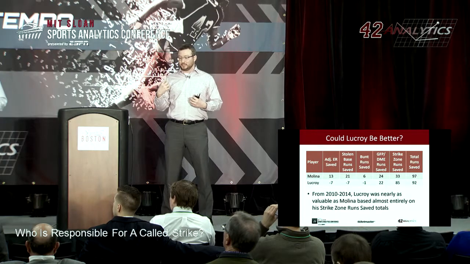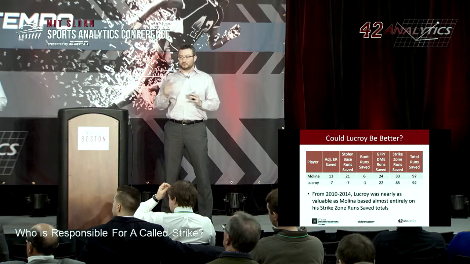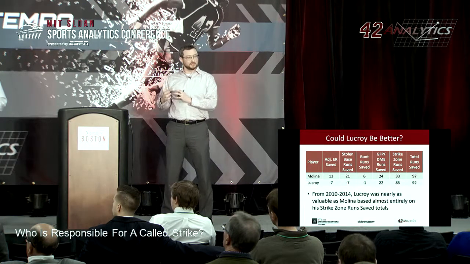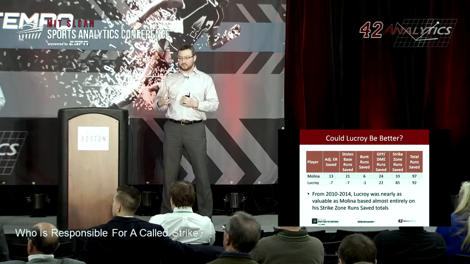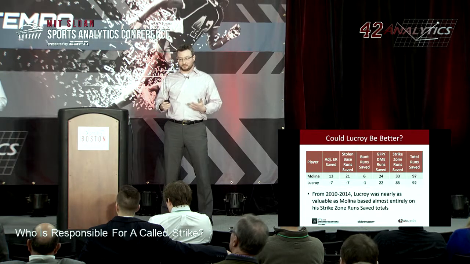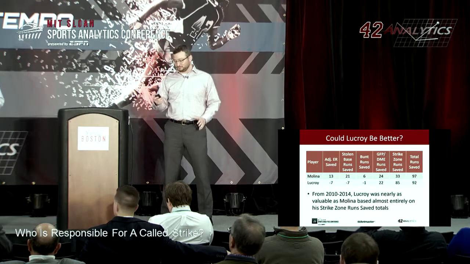But you can see, obviously, Molina is good to great across the board. He would look good no matter what. Somebody like Lucroy, though, all of his value is essentially tied up in this framing skill, and he's by far the best. He's elite, and with this, we can now better appreciate the value of certain catchers. Without it, Lucroy would look like nothing compared to Molina.